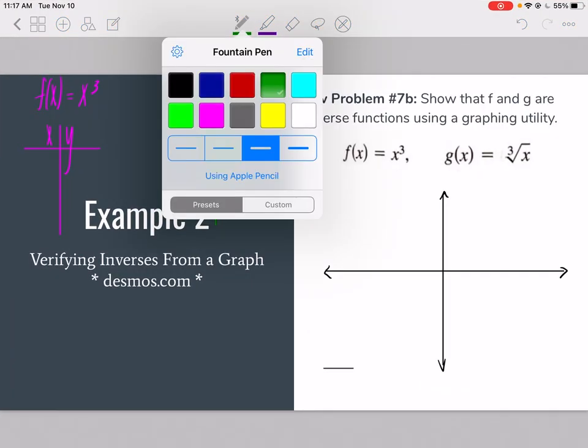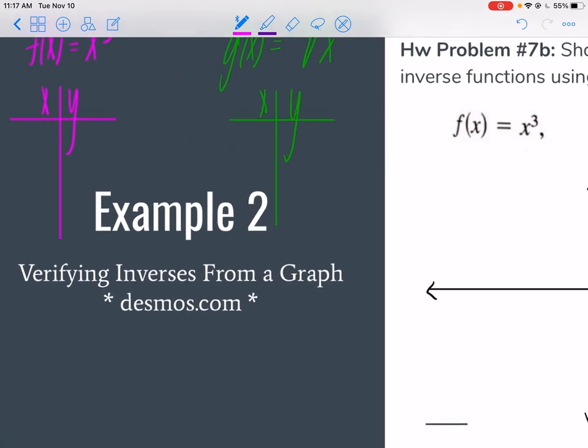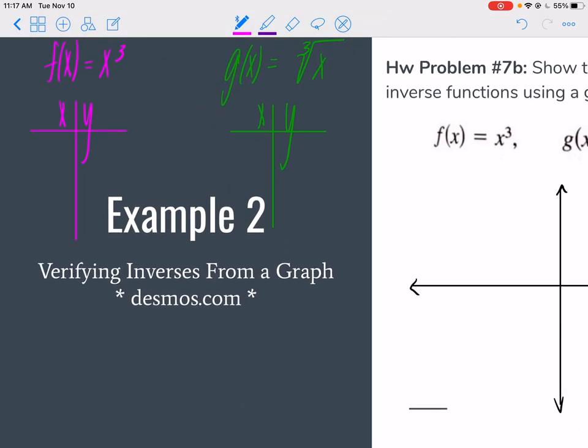Okay, so if we go back here and we just plug in a couple of values, let's plug in, for instance, -3, -2, -1, 0, 1, 2, and 3. Okay, so if we plug these in, we'll get f of x equals -3 cubed.